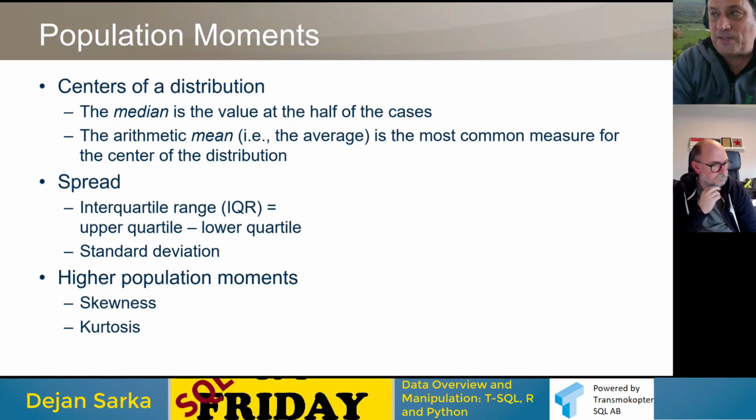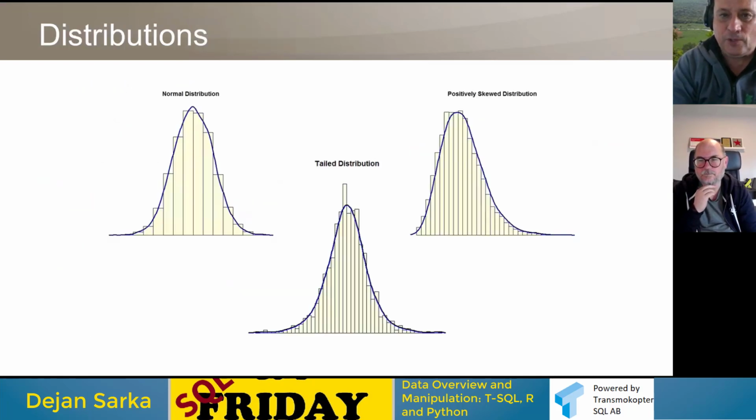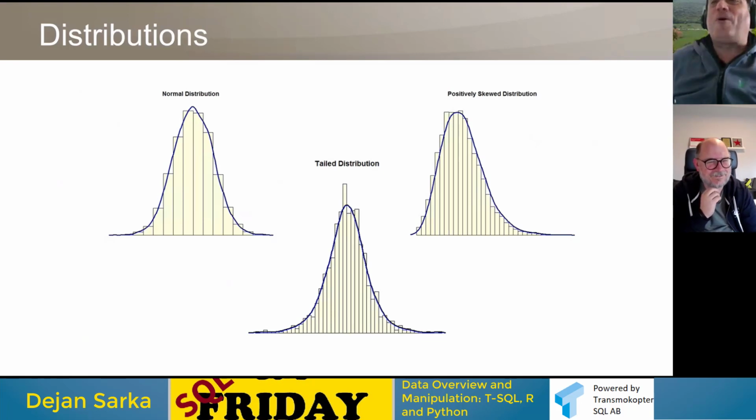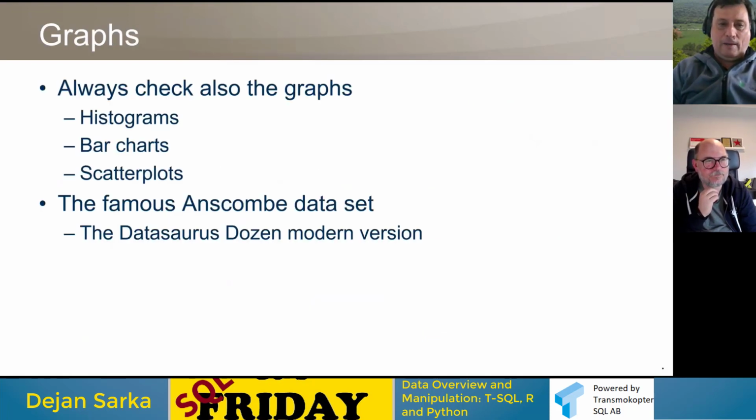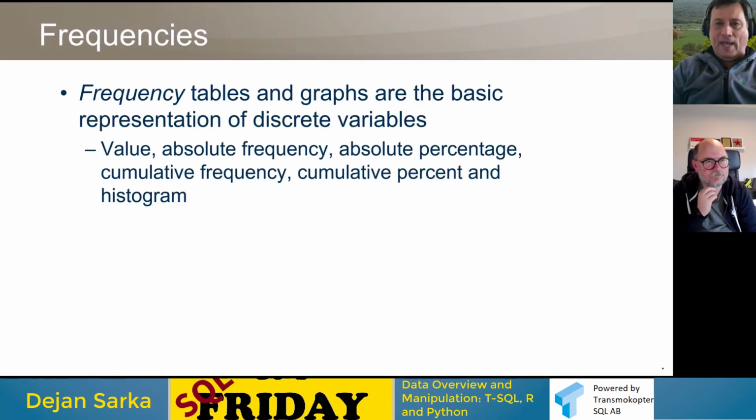This is a lesson that you have to doubt everything. Science is about doubt. If you don't doubt, then this is religion. And we are talking about science here. And of course, you cannot check everything, but having a little sense of doubt is always useful. So this is an example of how these distributions would look. And remember, we should always check the graphs as well.